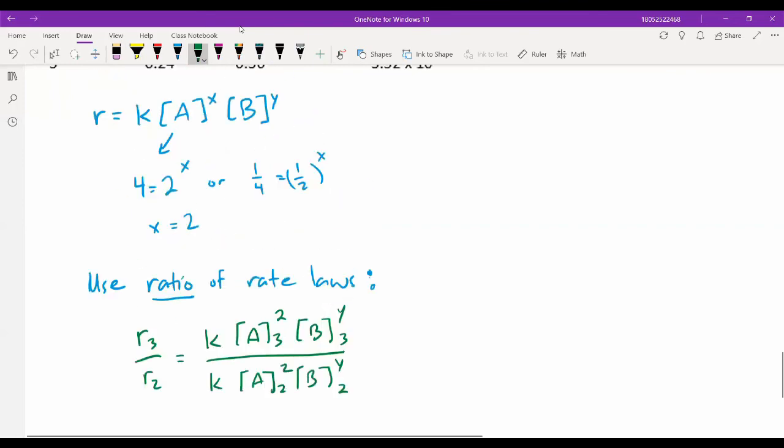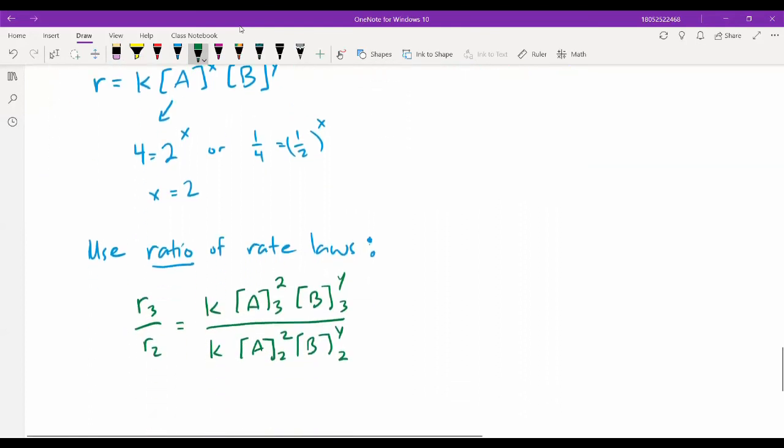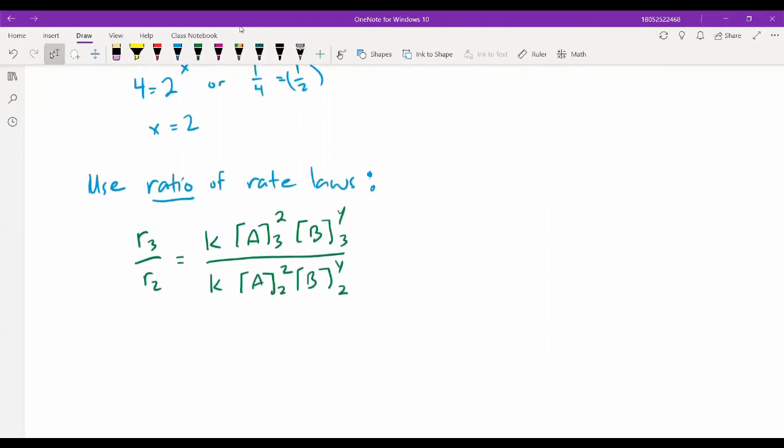Again, we know what the order for A is, right? So we want to write y for B's order. Otherwise, we'd have 2 unknowns. So now we can plug these things in. So the rate 3 is this. Rate 2 is this.